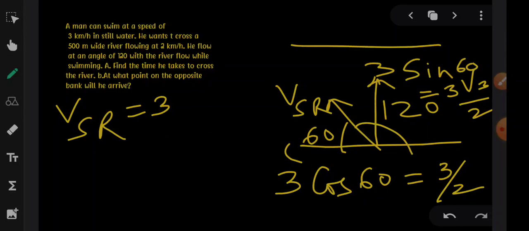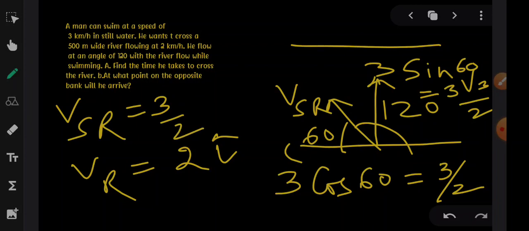And velocity of river is 2i. Vsr is minus 3 by 2 i plus 3 root 3 by 2 j.